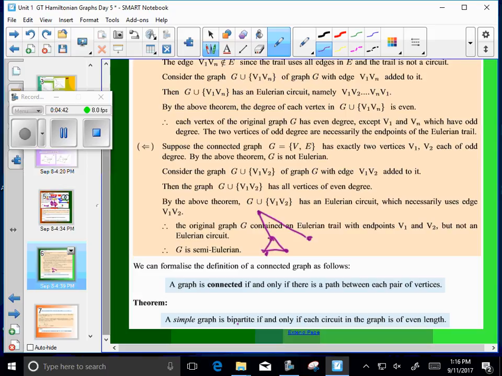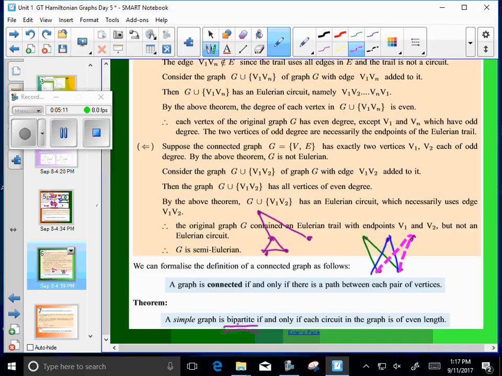A simple graph is bipartite if and only if each circuit in the graph is of an even length. So let's say we have the 2 by 3, our favorite. And it says it's bipartite, it's complete. So you would have this, this, and purple.